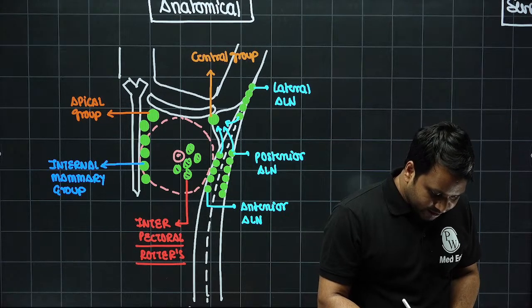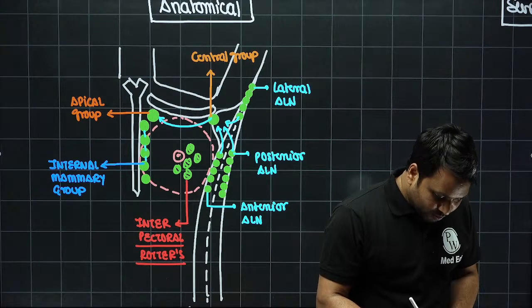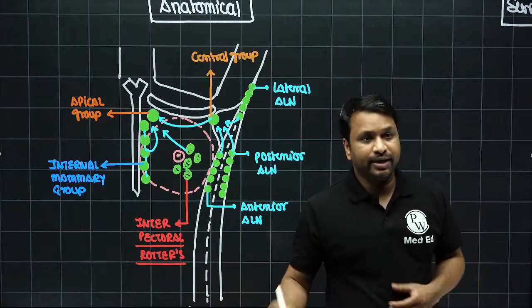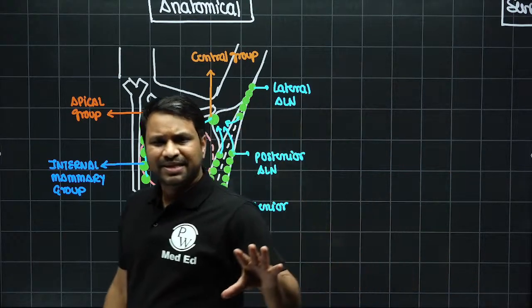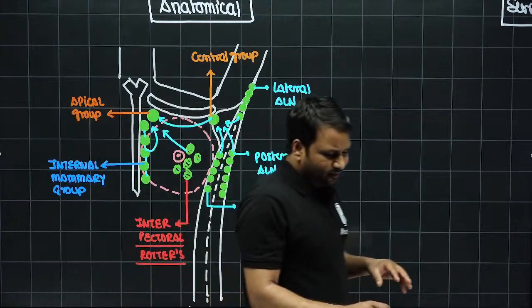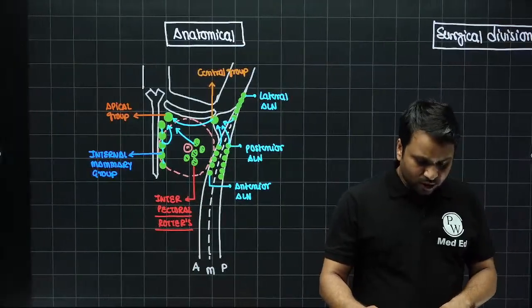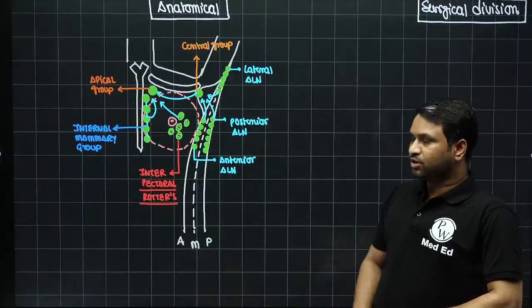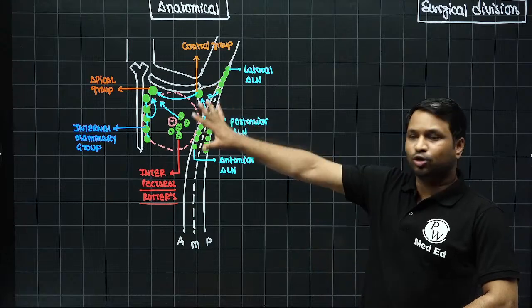From the central, it drains into apical. All the internal mammary nodes also drain into apical. The Rotter also drains into apical, right? So all these breast lymphatics drain down into the apical group of lymph nodes.